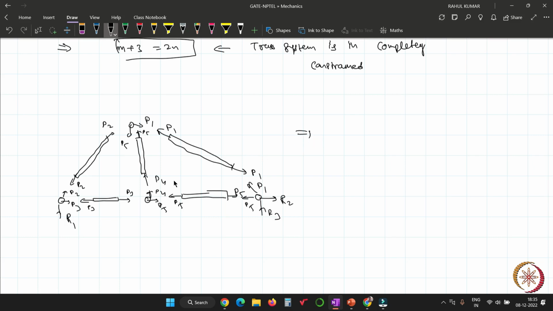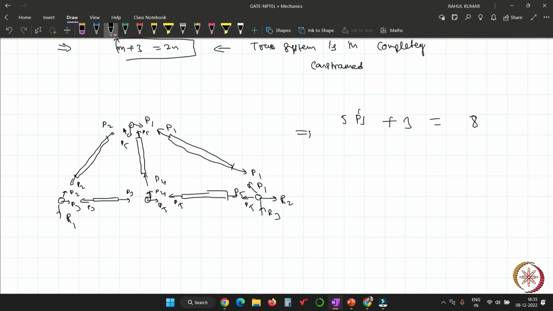To solve this problem, I want to find all those unknowns, I mean the total number of forces in the members and reaction forces. So how many P's are here? 5 P's, plus 3 reaction forces. So total unknowns are 8, right?